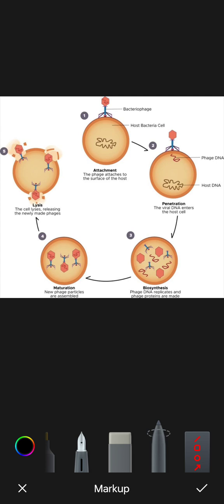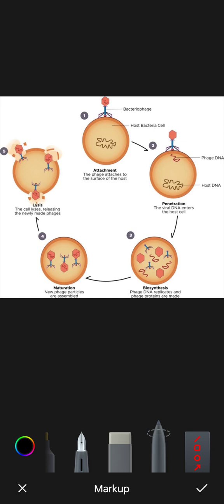These are attached with the bacterial wall and secrete an enzyme called lysozyme, which helps in the lysis of the cell wall of the host and makes minute holes by which the host genome is transferred into the host cell. The bacterial DNA is transferred to the host cell.